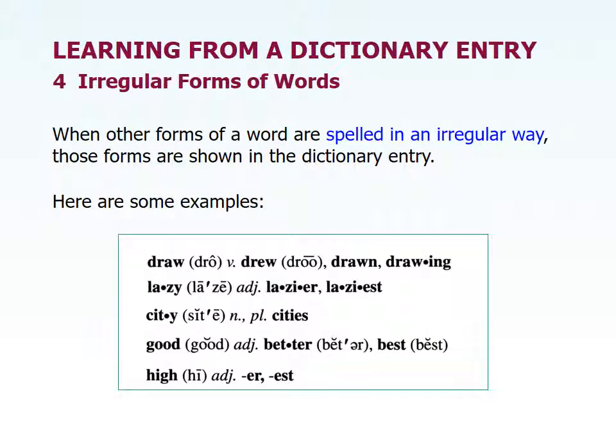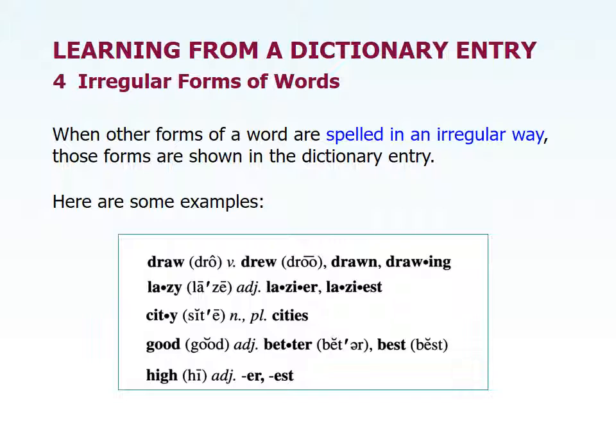Another thing that will be given, the fourth thing, is irregular forms of words. When we talk about irregular forms of words, oftentimes we're talking about irregular spellings of either the past tense or the continuous tense, or any time that you have to make a change that's not the normal way of spelling it. So for example, draw, the past tense is drew, not drawed, and then the past participle is drawn.